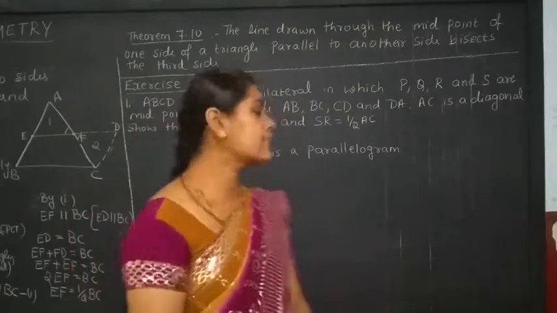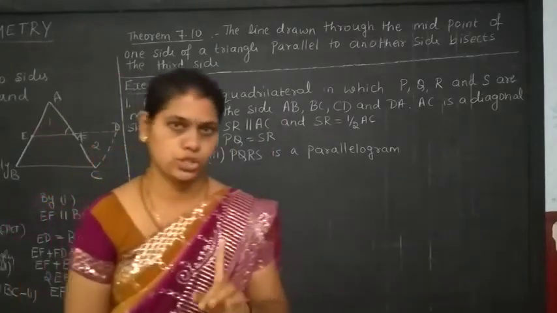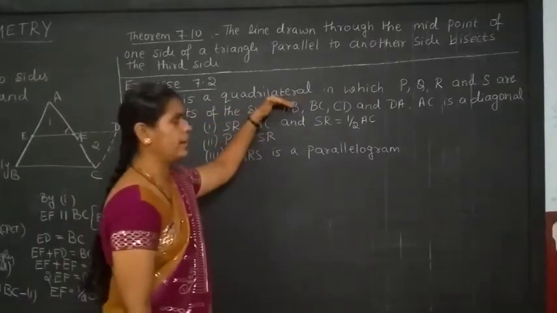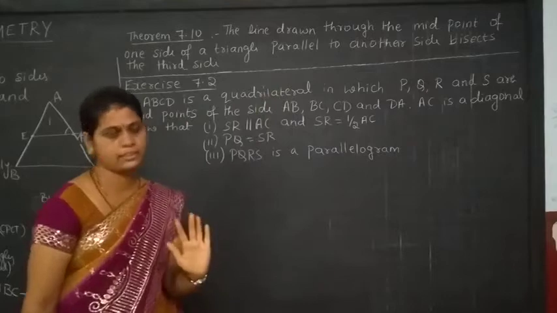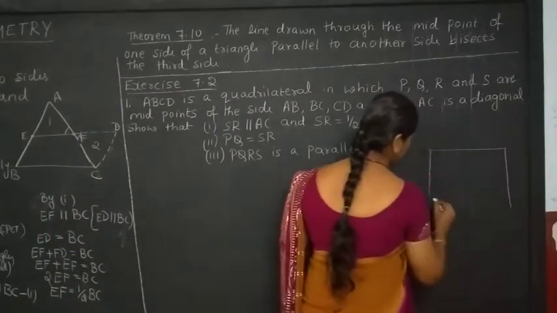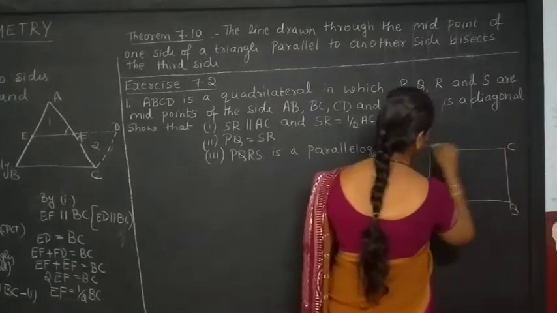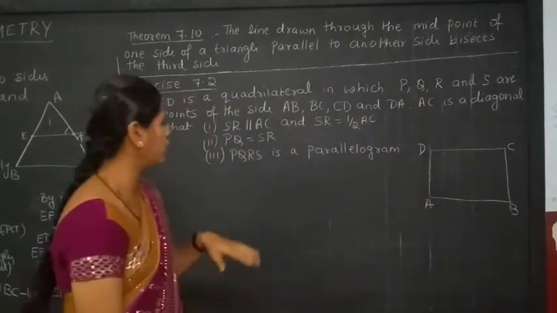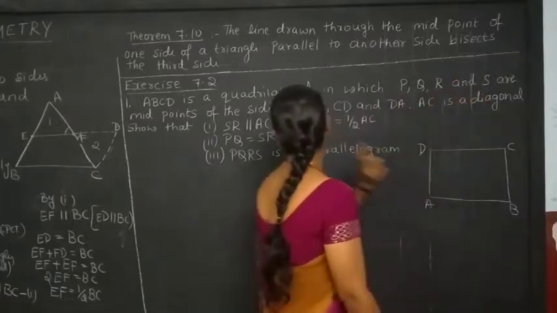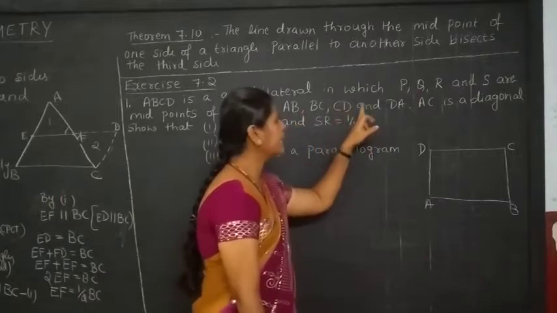Now let us move on to the exercise, students. Exercise number 7.2. In this first question, what is given? ABCD is a quadrilateral. So just draw one quadrilateral ABCD, in which P, Q, R and S are the midpoints of the sides AB, BC, CD and DA.